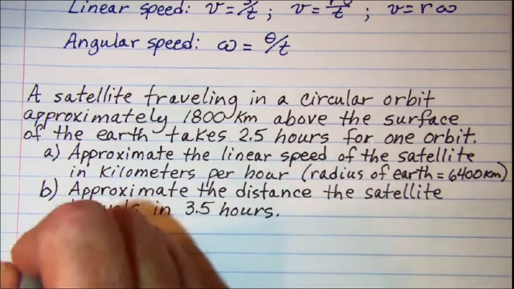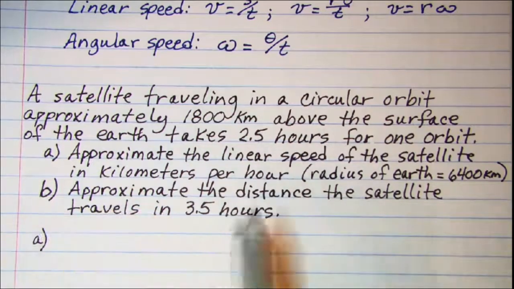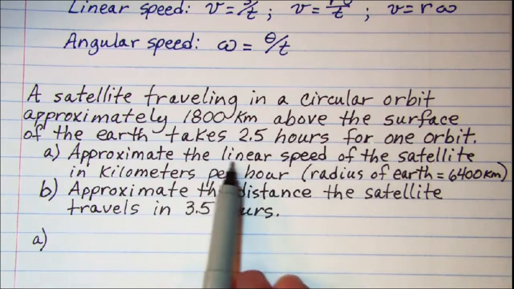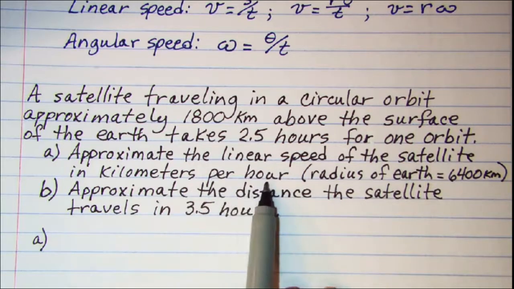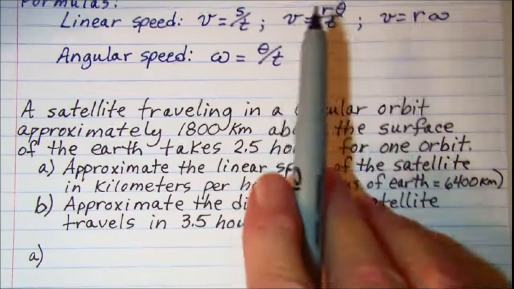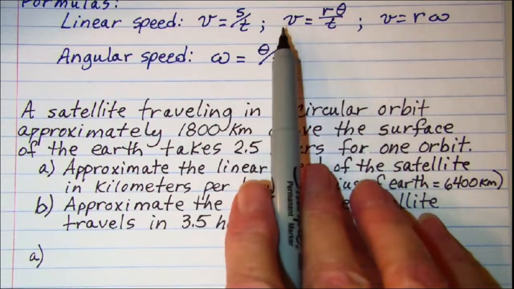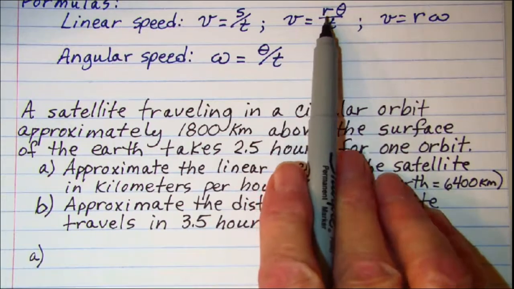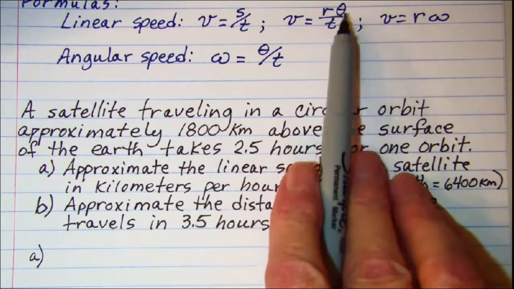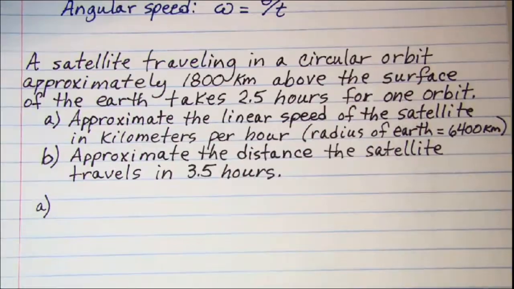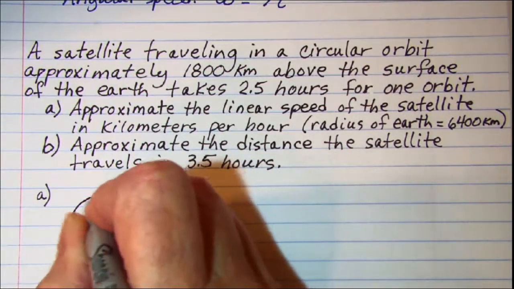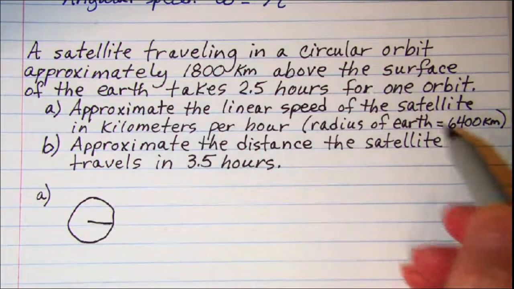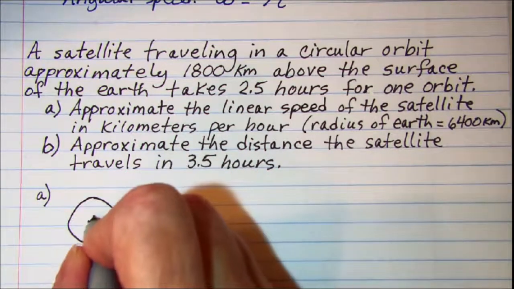So for the first part of our problem, we want to approximate the linear speed of the satellite in kilometers per hour. We can do the linear speed by using this formula. Velocity is equal to the radius of the orbit times the measure of the central angle per unit of time. So our Earth has a radius of 6,400 kilometers.